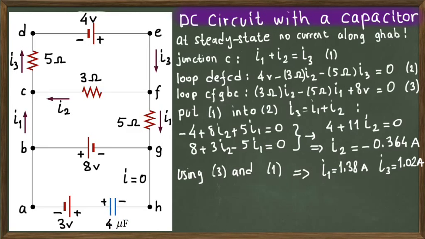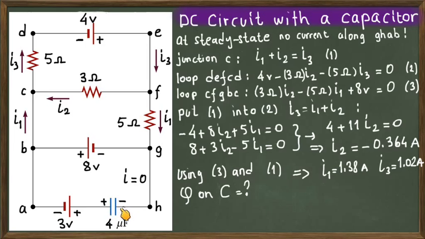Whenever you have a capacitor and you know the capacitance, you can get the charge on the capacitor if you can find the potential difference across its terminals. From the knowledge of capacitors from the previous chapters, we know that the charge on a capacitor is nothing but its capacitance C times the voltage across its terminals.